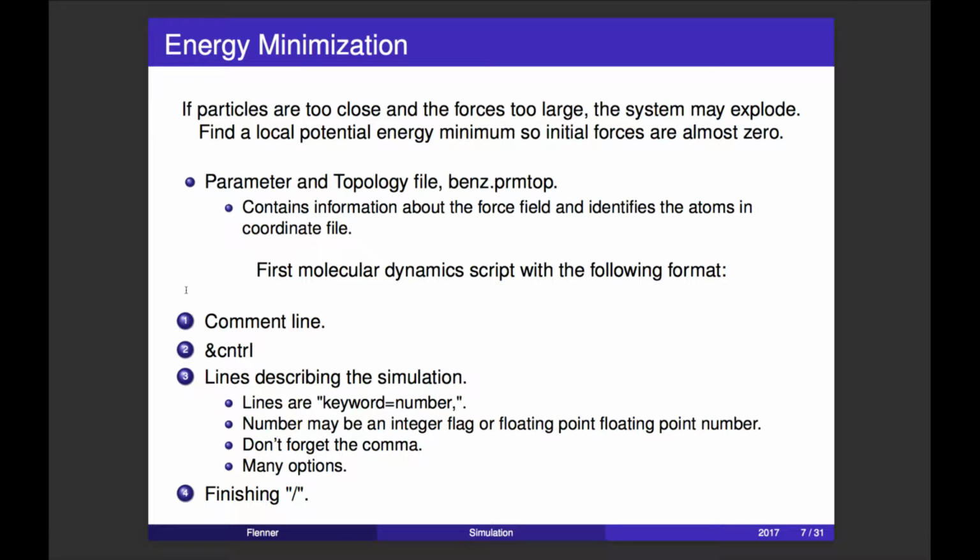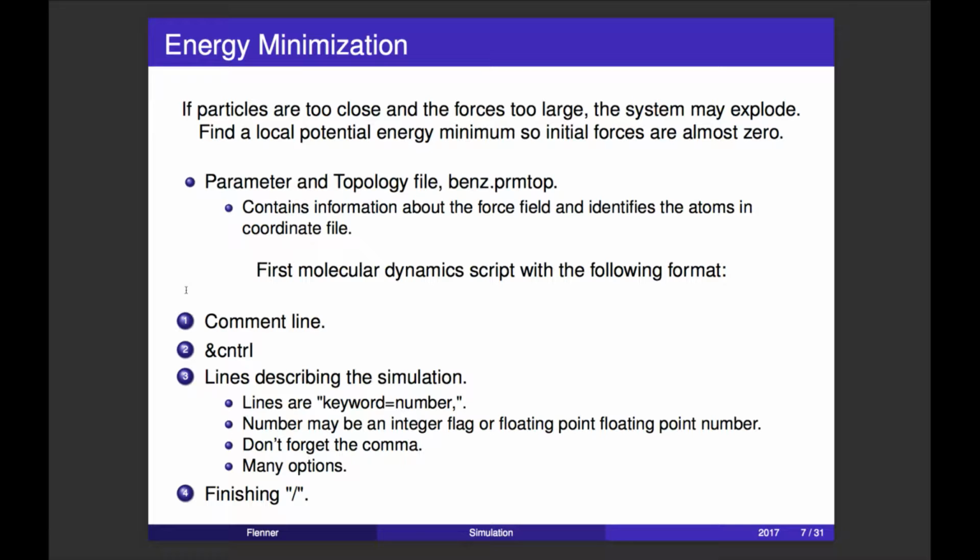So, I'll show you the molecular dynamics script used to do that minimization. But this is the general structure of these scripts. There's several of them. This gets a little boring, but the first line is always a comment line. You can put anything there you want. A good idea is to put in there what the thing's going to do. The second line is &cntrl. And then you have a bunch of lines that describe the simulation that's going to be performed.